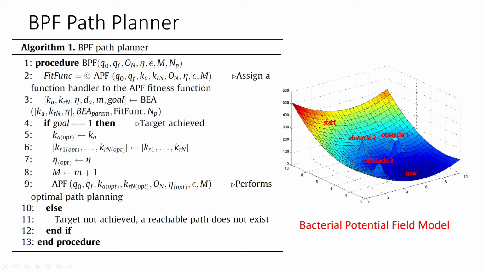As for the BPF procedure, we first find the evaluation criteria from the APF method, which we name the fit function, and then we pass all the initial parameter values and the fit function to BEA to make it broad, and to make it gain more and more clusters.